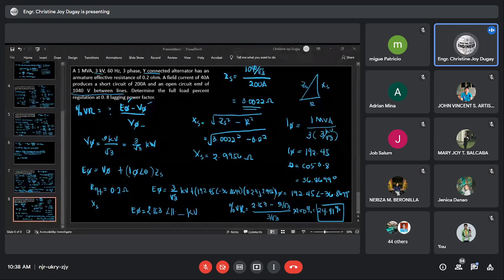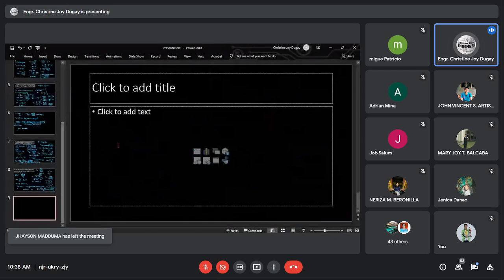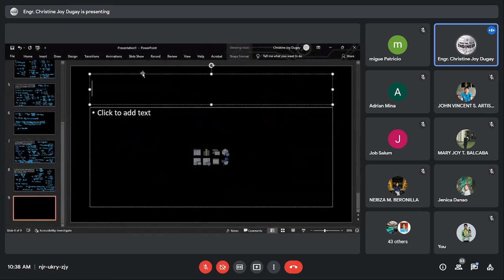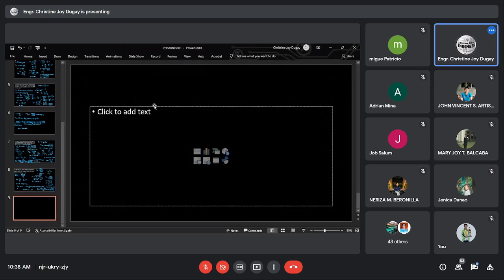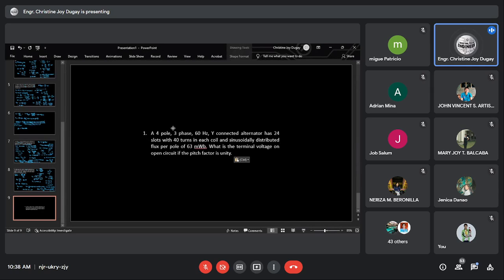Last item po tayo, number 6. Madali na lang po ito, no? You try to solve this. Let's have at least 5 minutes siguro. Madali lang to. Short solution. And then you type to our chat box what will be your final answer.